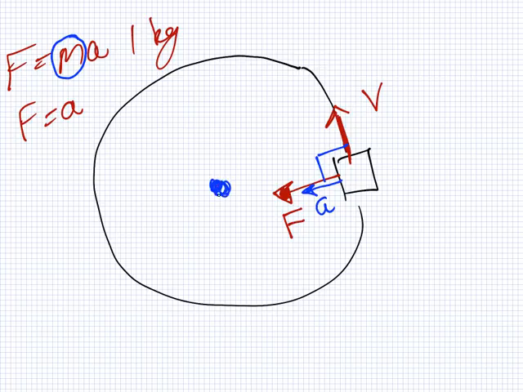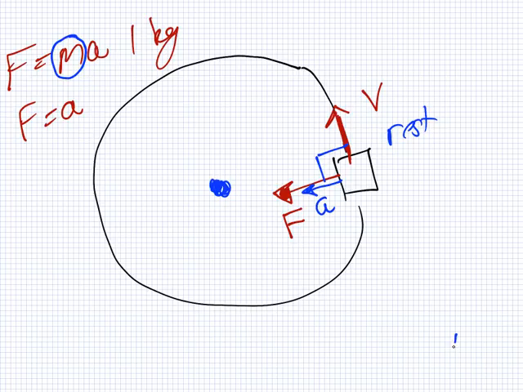So why doesn't the car just go to the center, since the force is towards the center? If the car is going fast enough, then it will maintain motion in a circle. If the car was at rest and it only had this force, then it would go towards the center. But it's because it's moving that it stays in a circle.